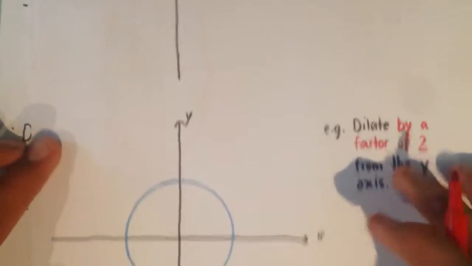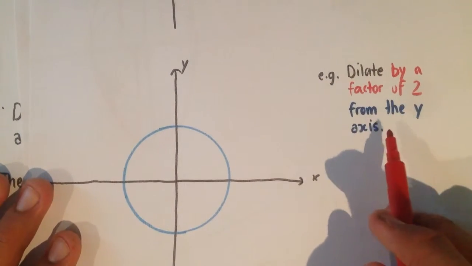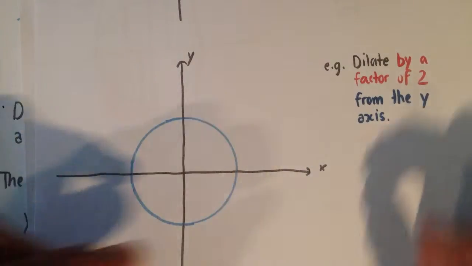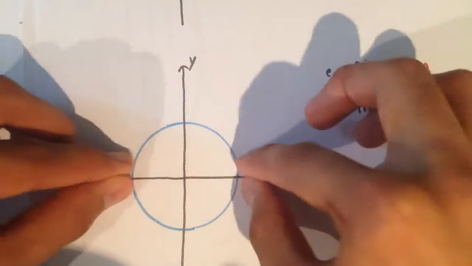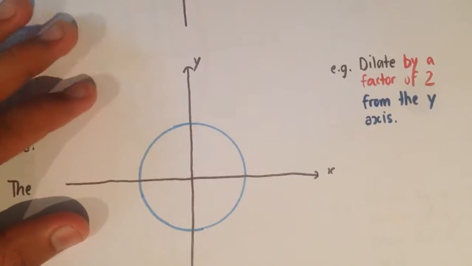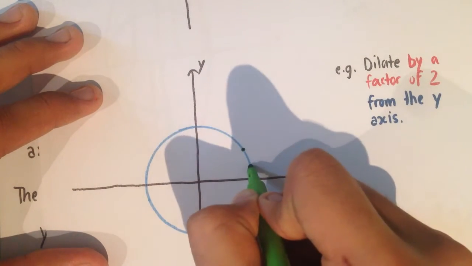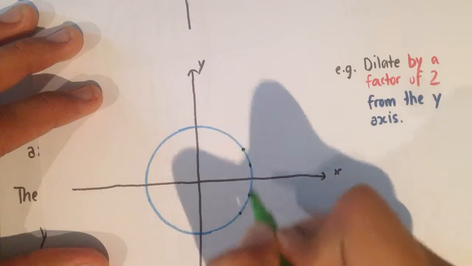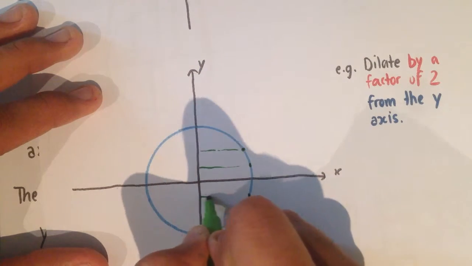Okay, one more example. Here we've been asked to dilate by a factor of 2 from the y-axis again. So from the y-axis, that means we're pulling this way. We're going to take every point here, whatever the distance is, and multiply that distance by 2.